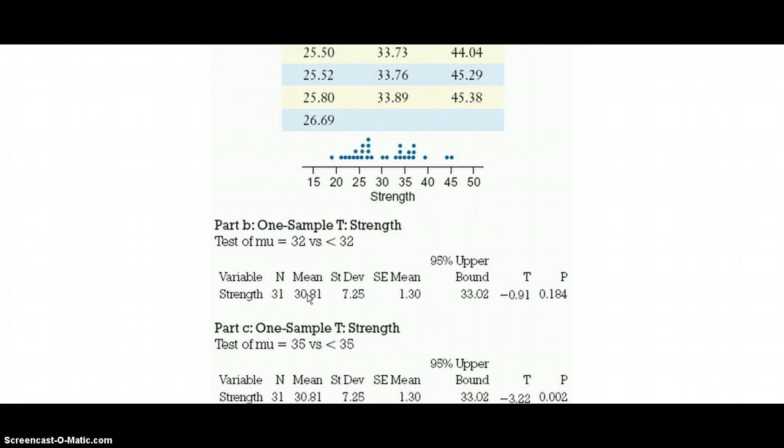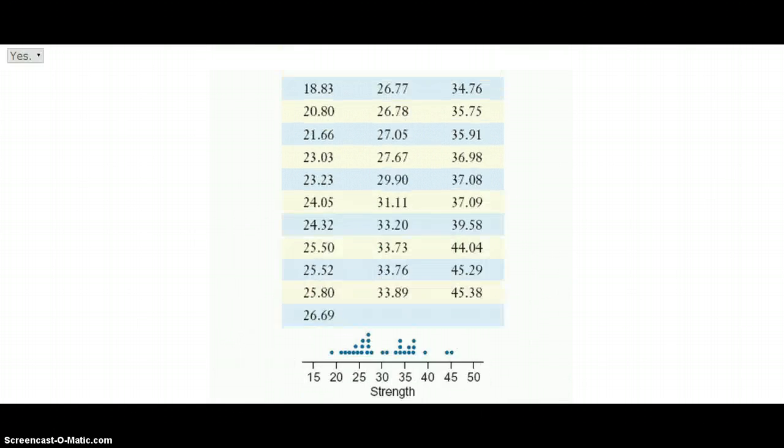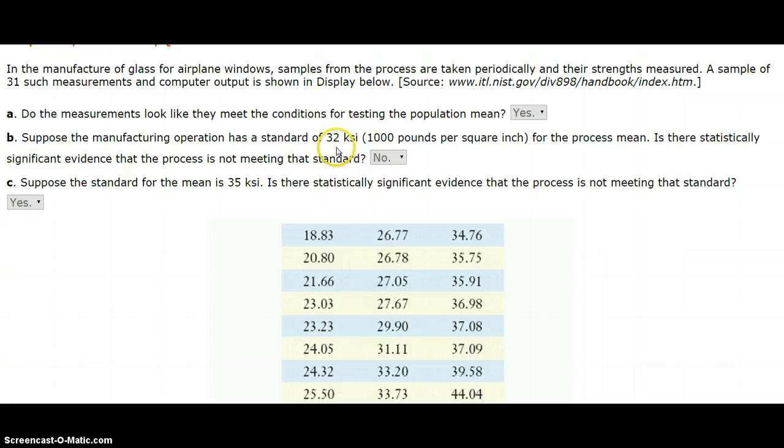We're going to fail to reject the null hypothesis. And so we're saying, hey, there's no real good evidence that we're not meeting the standard. Notice that doesn't mean that we're meeting the standard. It just means we don't have good evidence to say we're not meeting the standard.